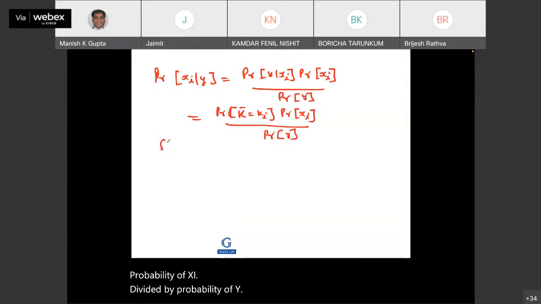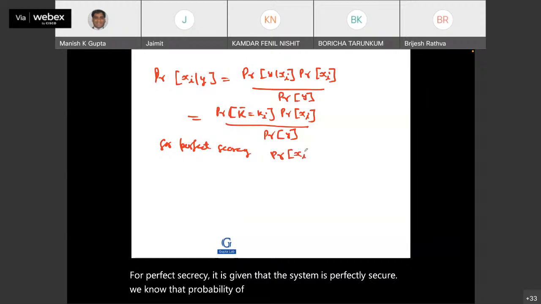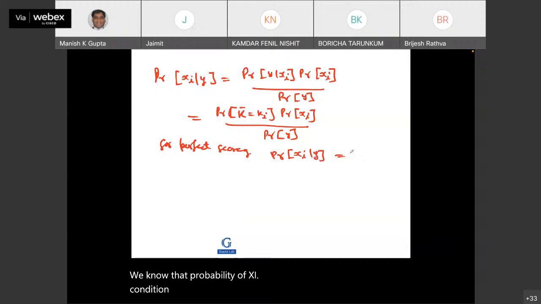Now, for perfect secrecy, it is given that the system is perfectly secure. We know that probability of x_i given y will be the same thing as probability of x_i, right? So I can substitute it here.